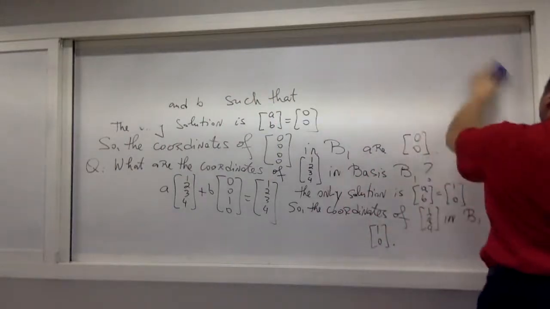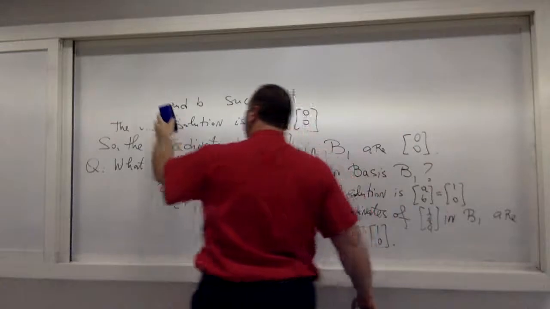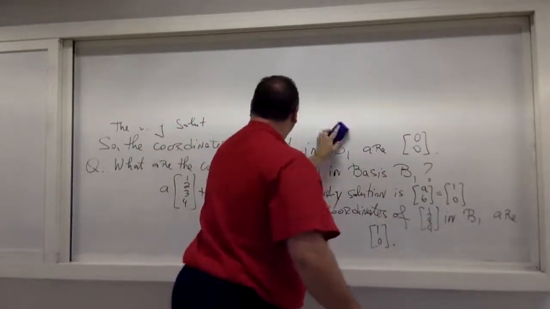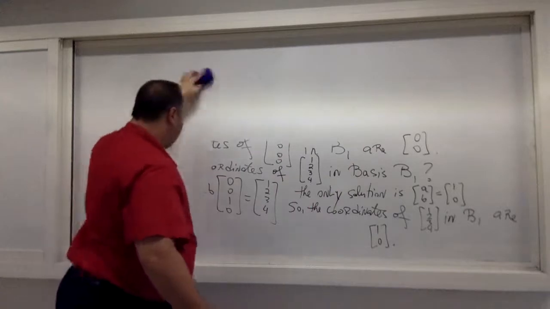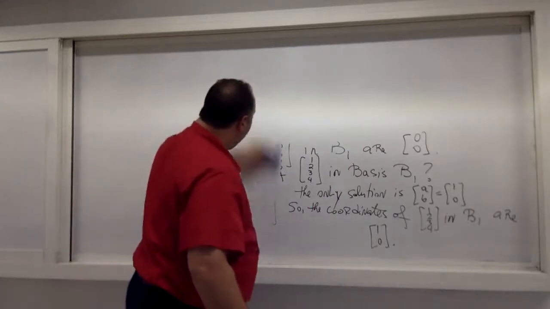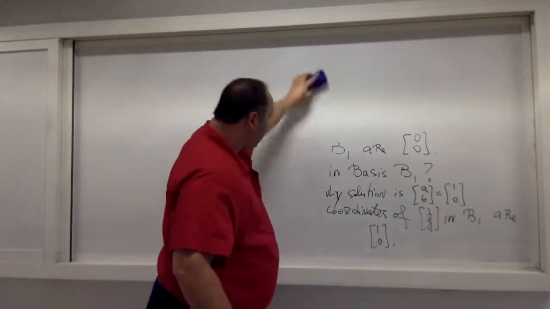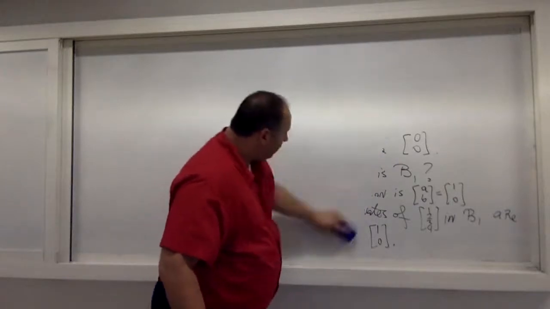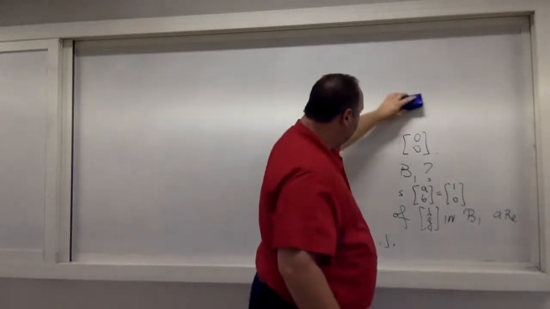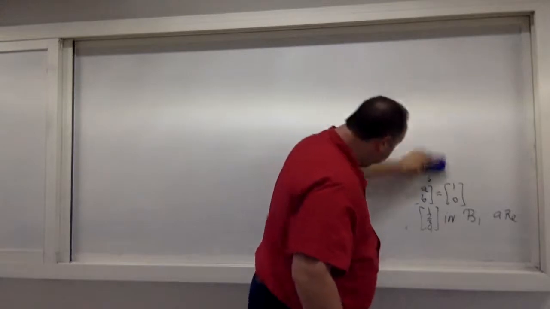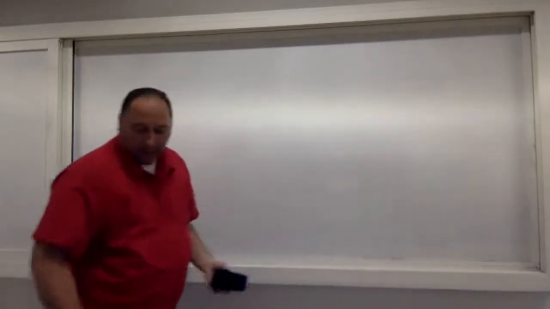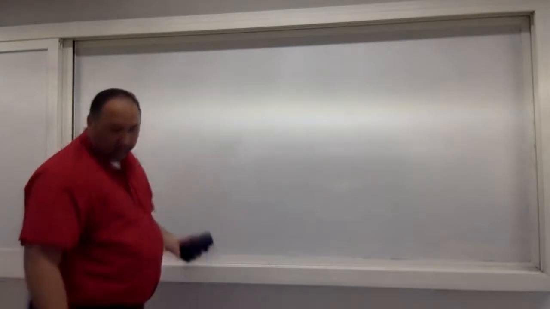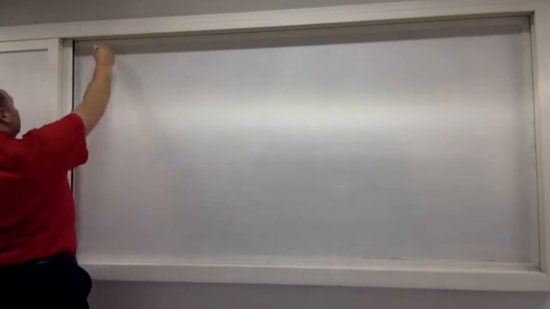Given a basis and a vector, what are the coordinates of the vector in that basis? Now the second task, which is much easier actually: I give you a basis and I give you the coordinates of a vector in that basis, and I ask you, what's the vector? That's kind of obvious, it's easy. That's the second part.